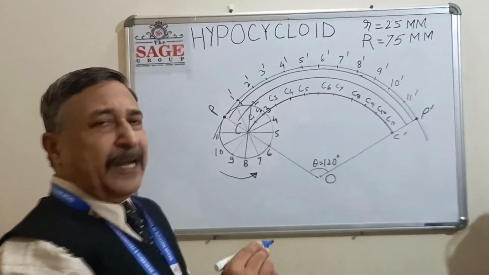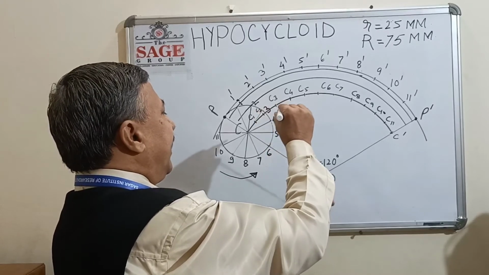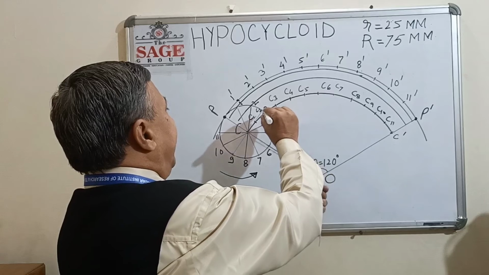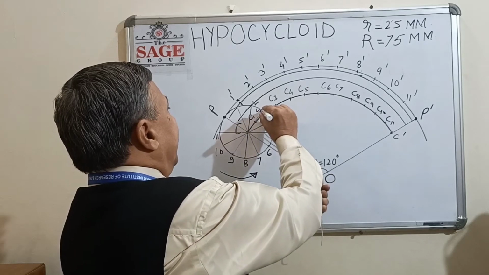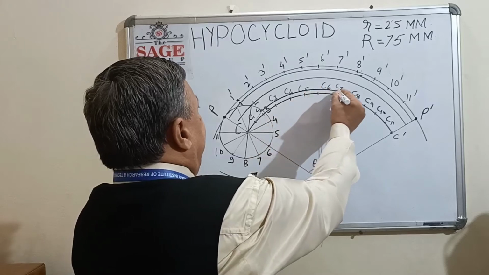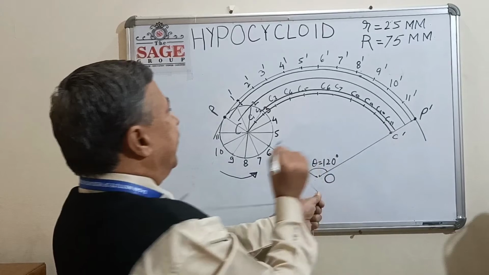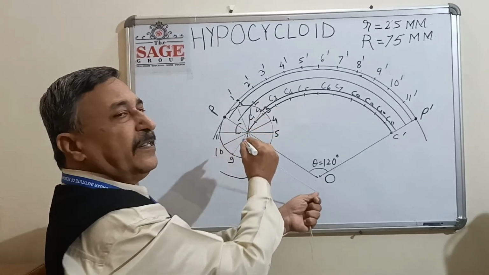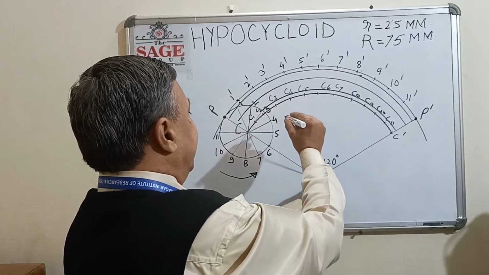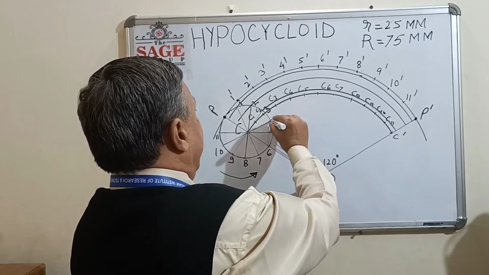This process is the same as we already drew in epicycloid. Now center O, radius equal to O3. Again, take care at this point that the curve through 3 is different from the curve through C, the center. Then center O and radius equal to O4.